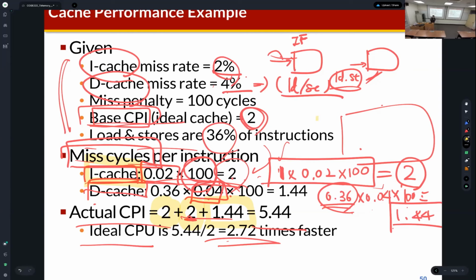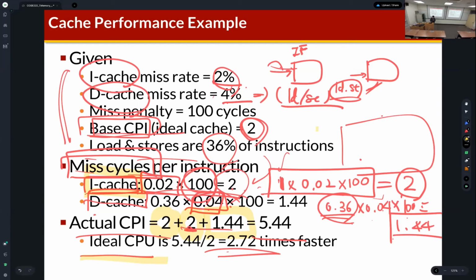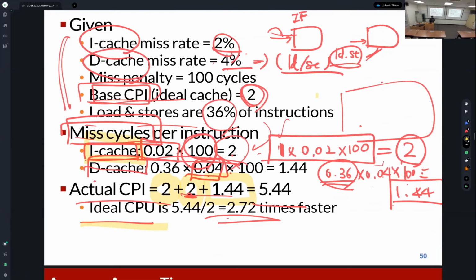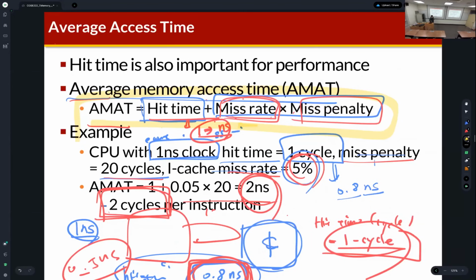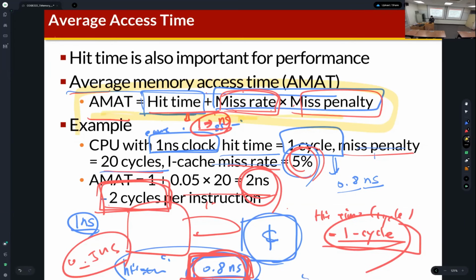Okay, so we need to remember that when a cache miss is encountered, pipelines need to be stalled, so cycles are wasted. So we can calculate the increase to CPI by cache misses. We also define another metric called average memory access time, the AMAT. So we can also calculate the average memory access time for each cache.